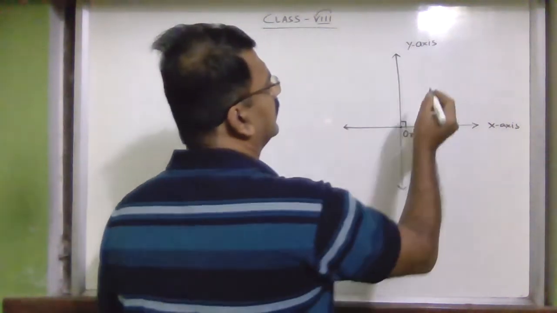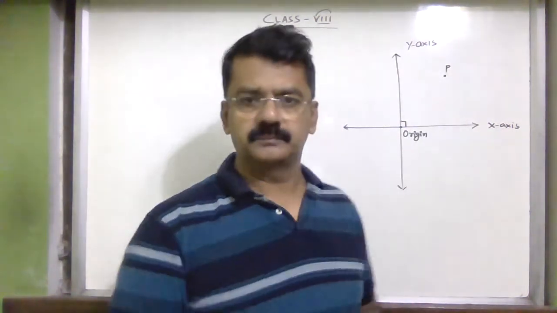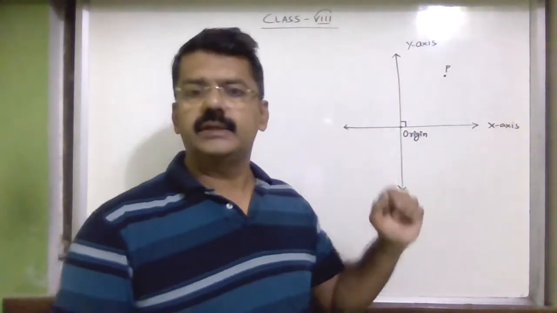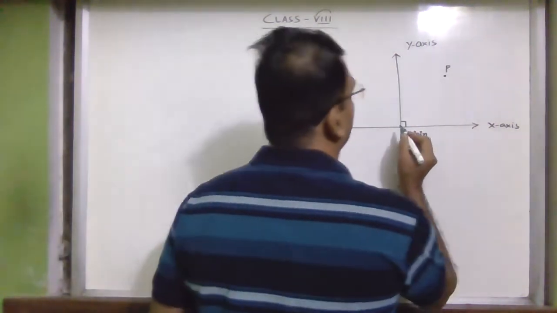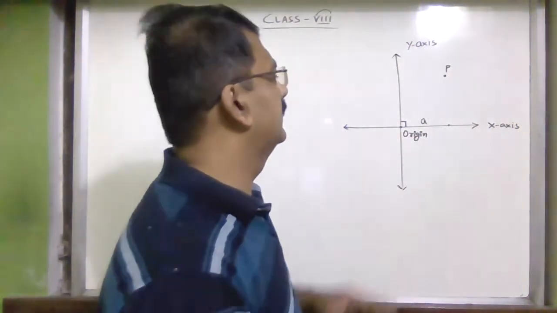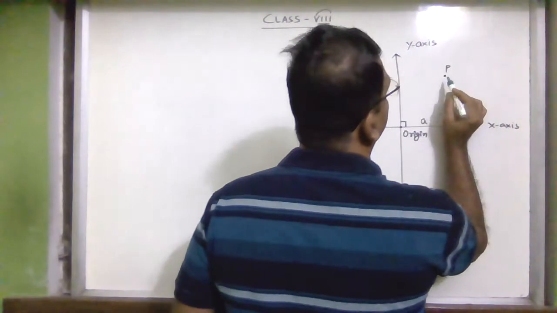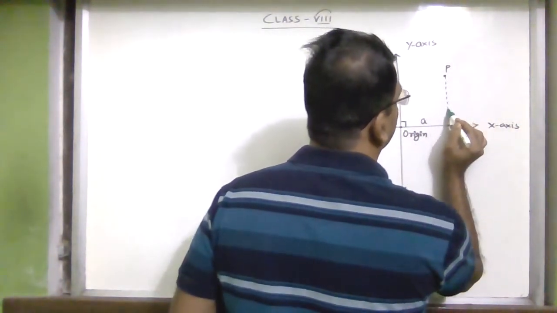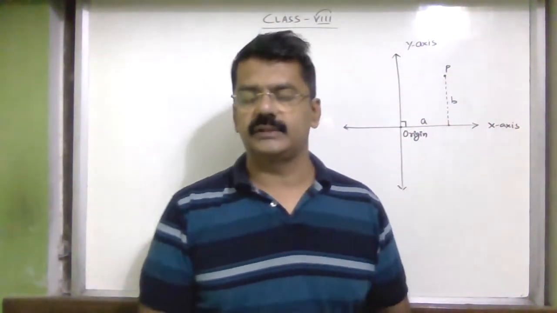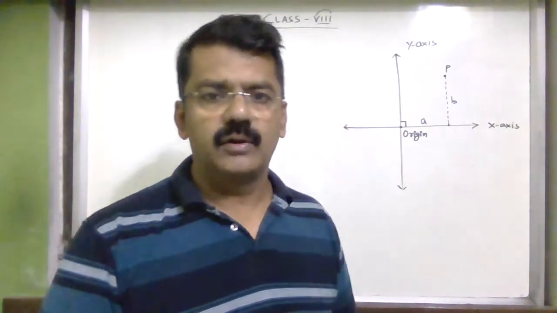Now, suppose there is a point here, say this point is P. To reach that point P, starting from the origin, first I have to move, say, a distance a along the x-axis, and then I have to move a distance b along the y-axis to reach the point P. So the condition is, to reach any point from the origin, you have to move either parallel to the x-axis or parallel to the y-axis.